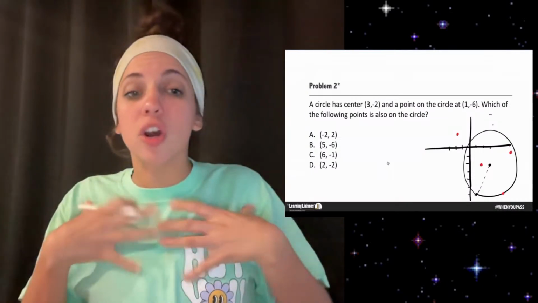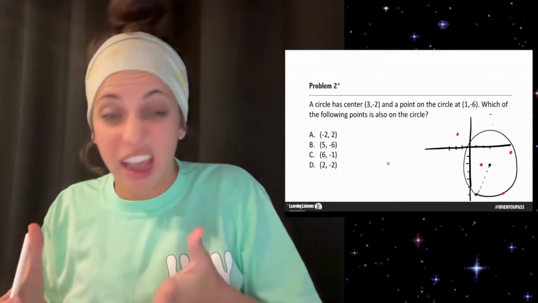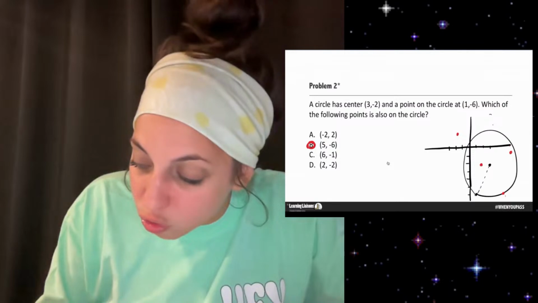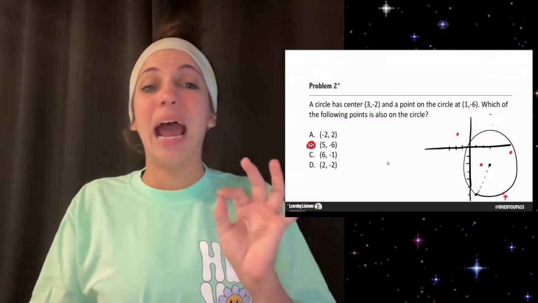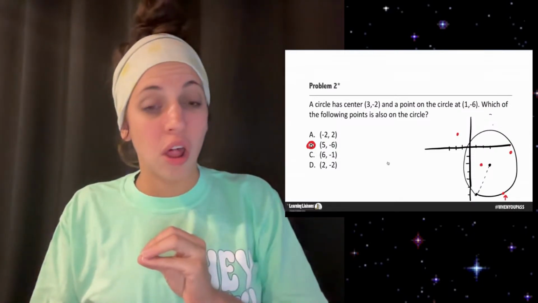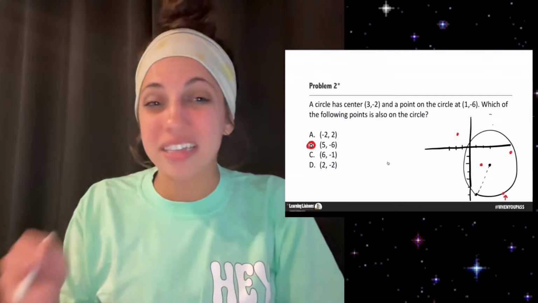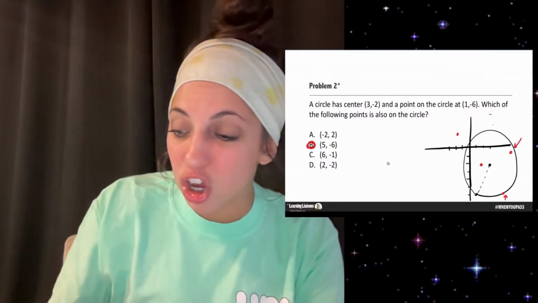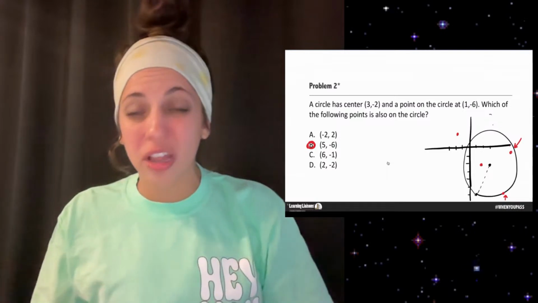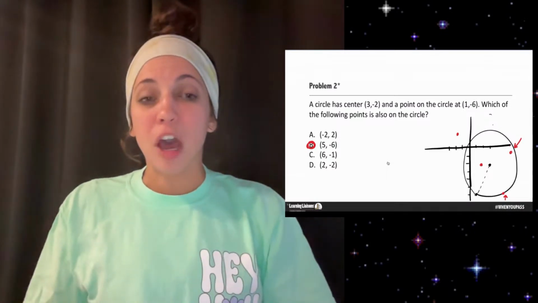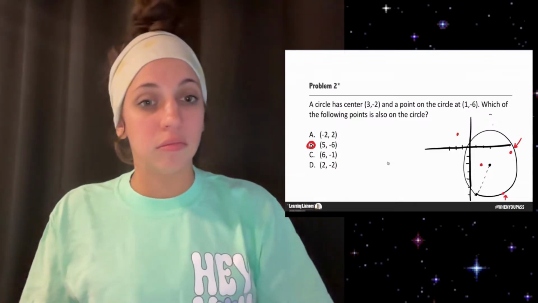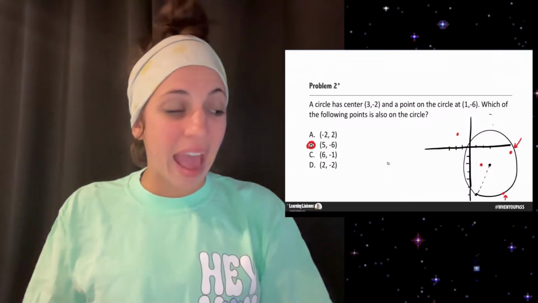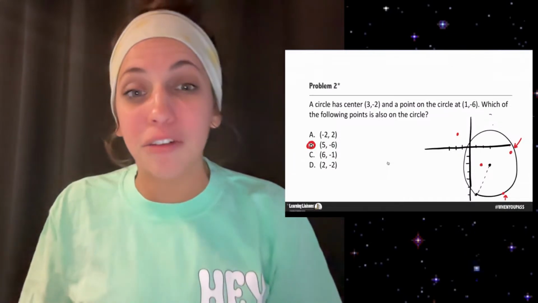On my circle that I just drew, that's not really a great circle, (5, -6) is right here on the circle. But I also didn't draw a really good circle. (6, -1) is a little too close for comfort. This one could be on the circle, and it's just a result of me not drawing a great circle, right? So I don't want to do that.